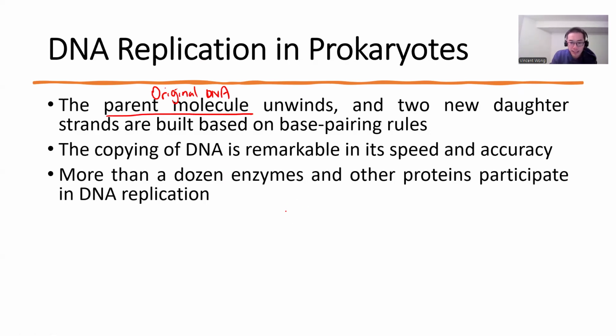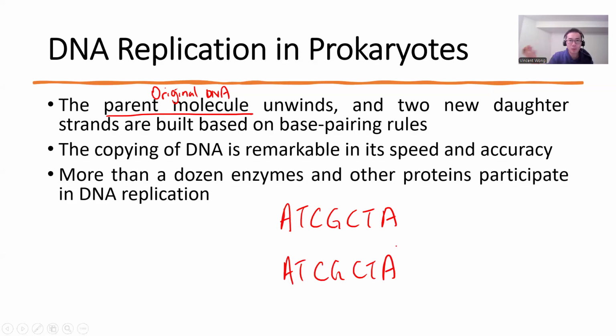Don't write this down. There is a strand of nucleotides here, ATCGCTA. If I ask you to copy it, you're just going to copy it exactly as it is: A, T, C, G, C, T, A. That's what it means when we say copy.